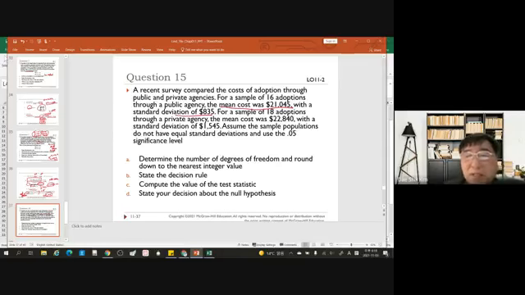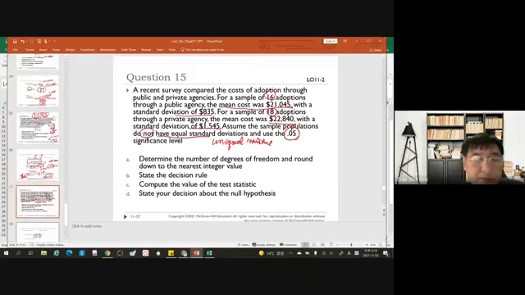A sample of 18 adoptions through private agencies, average and standard deviation. Assume the sample populations do not have equal variance, so this is unequal variance. Alpha is 0.05.